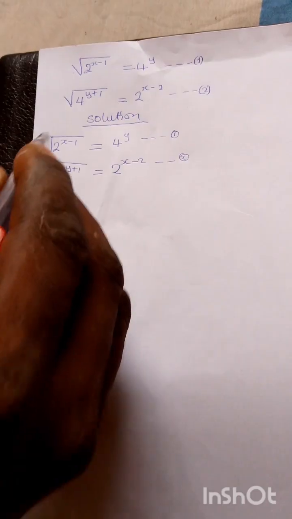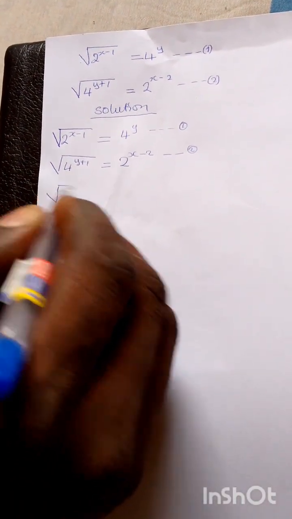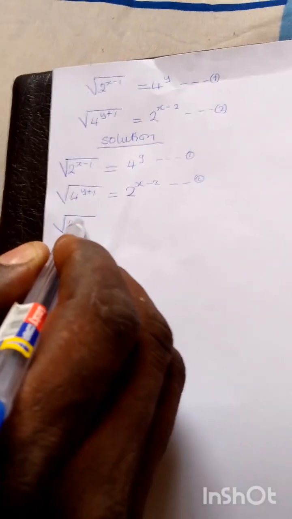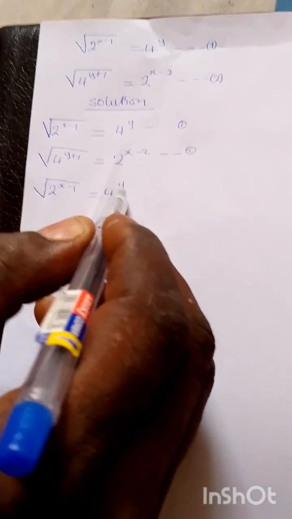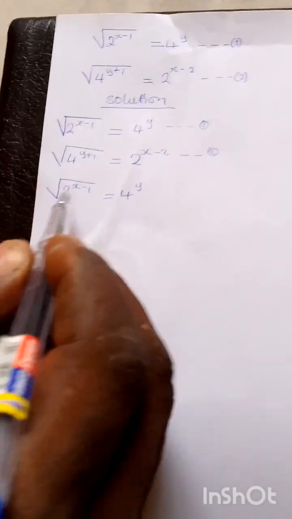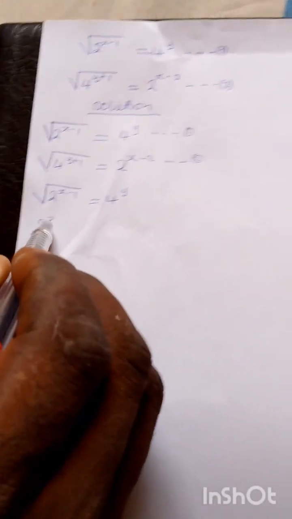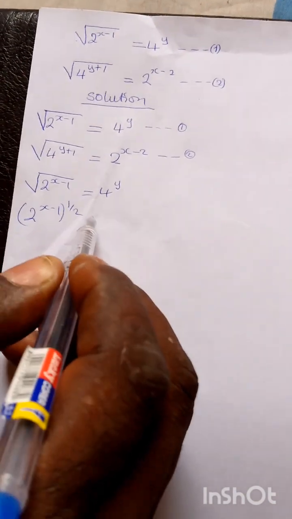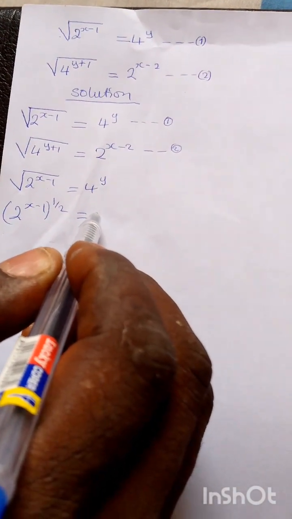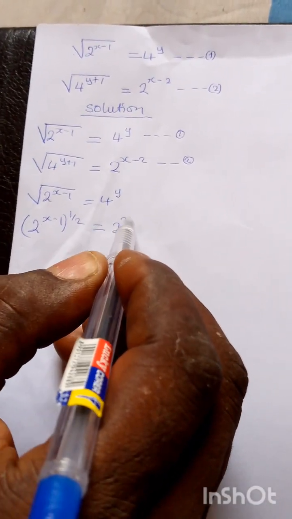So we'll start with this one first. The first one, we'll bring it out. This is 2 raised to the power of x minus 1 equal to 4 raised to the power of y. Now we can write this one as 2 raised to the power of x minus 1 all raised to the power of 1 all over 2 equals, we can also express this one as 2 raised to the power of 2, all raised to the power of y.